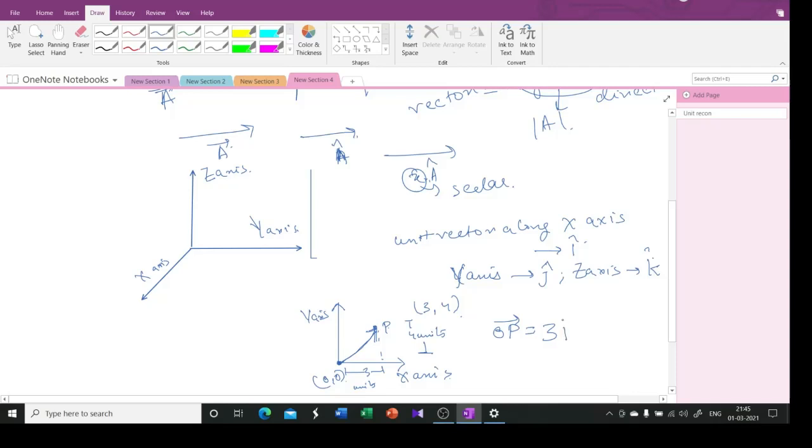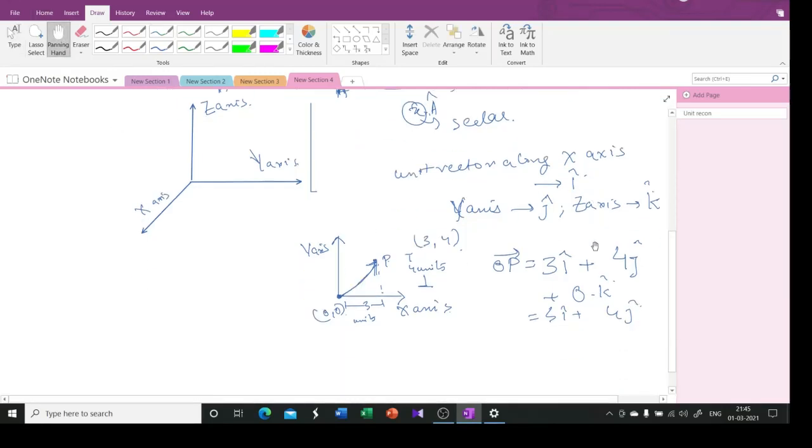So it's 3 I cap plus, along the y-axis, the magnitude is 4 and the unit vector is j cap. Since we are not dealing with the third axis in this question, that's simply 0 into k cap. So it's 3 I cap plus 4 j cap. That's how we represent this vector OP.